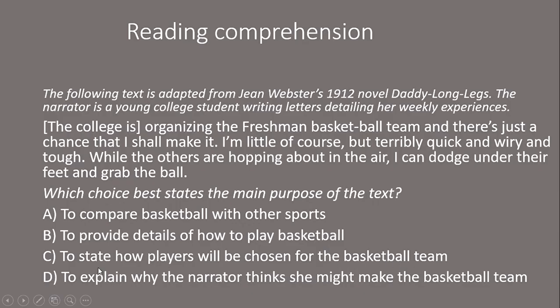So the overall idea here is to explain why the narrator thinks she might make the basketball team. Brilliant. So that's the option. That's the correct answer. The text is simply saying why this young college student believes she'll be selected as a member of the basketball team.